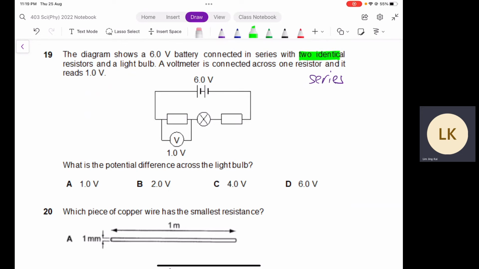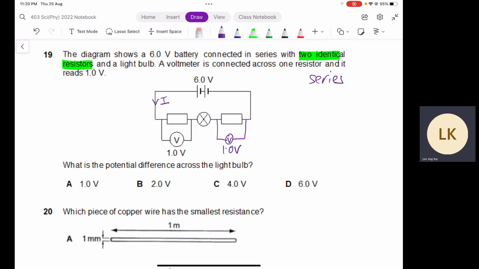The key is this: they say that the two resistors are identical. So that means that if I were to put another voltmeter over here, this is also going to be 1 volt because they are identical. On top of that, the current flowing through them is the same. Hence, the second resistor would behave the same way as the first one.